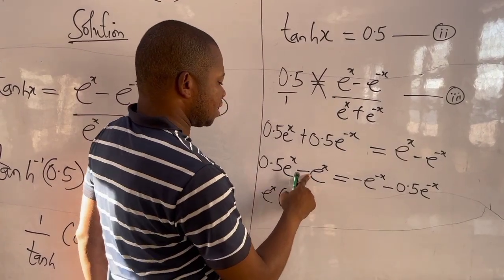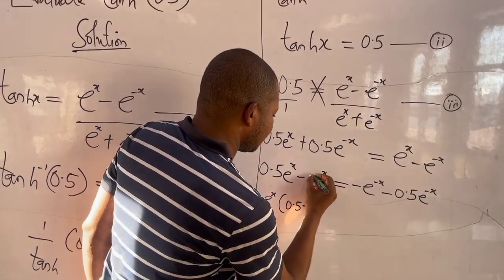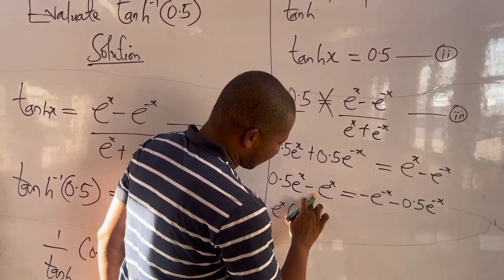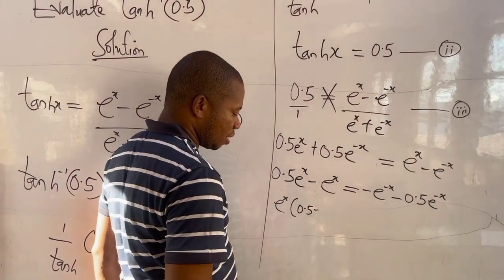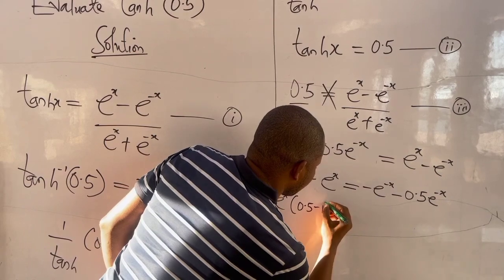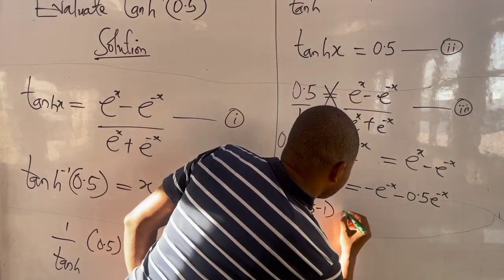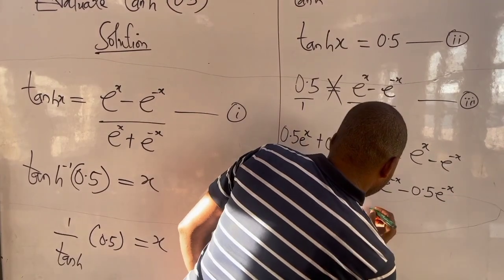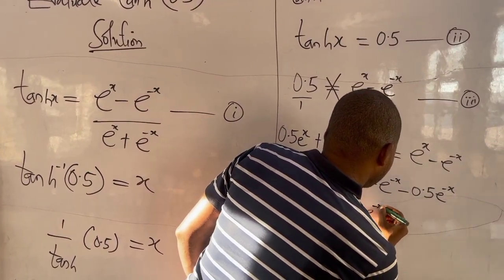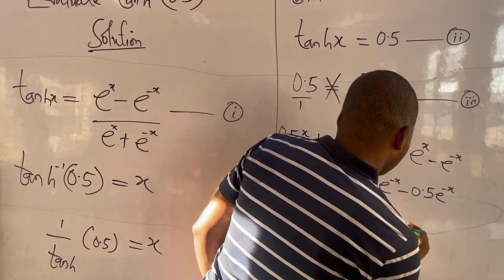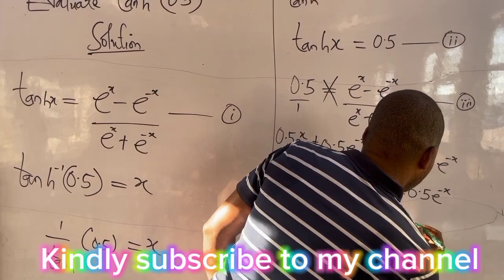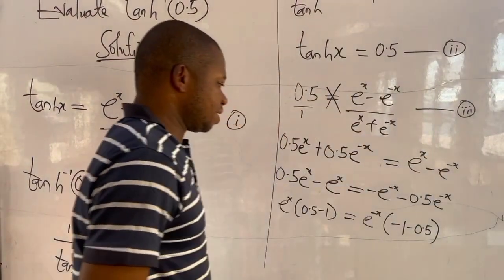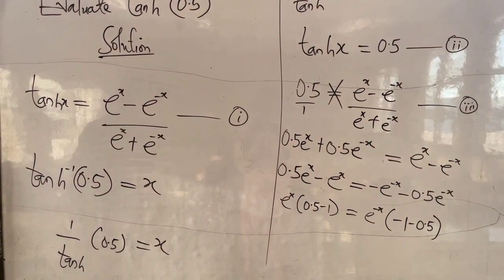Mind you, this one has an invisible 1. This thing is written as 1 e^x, but mathematically we don't write it that way. So this will be minus 1, is equal to, coming here, what is common there is e^(-x). So what am I having here? Minus 1 minus 0.5. So this is what I'm going to have for this.